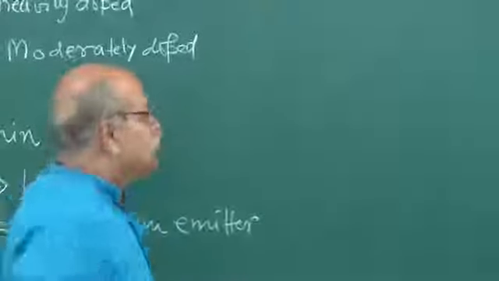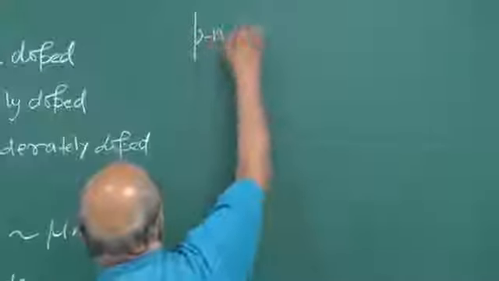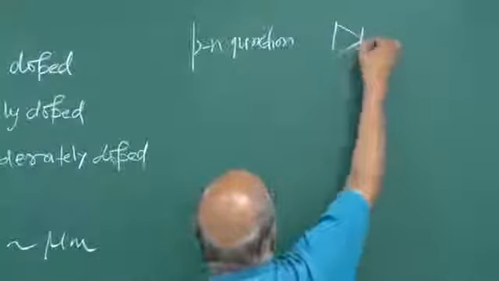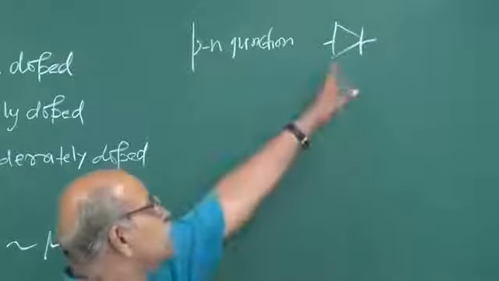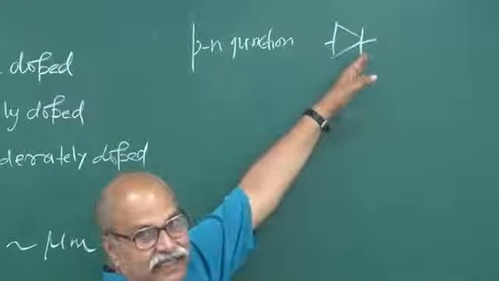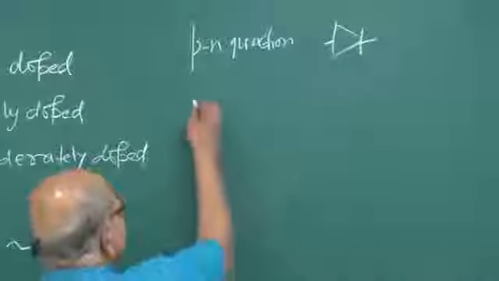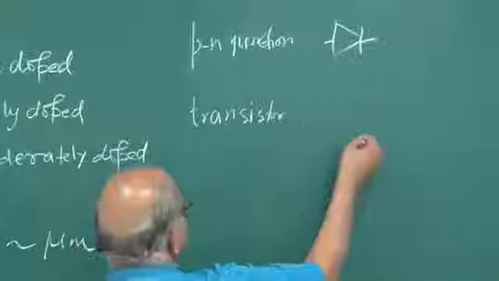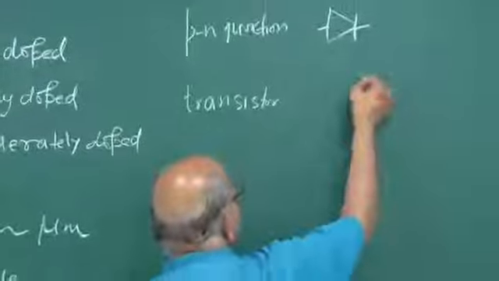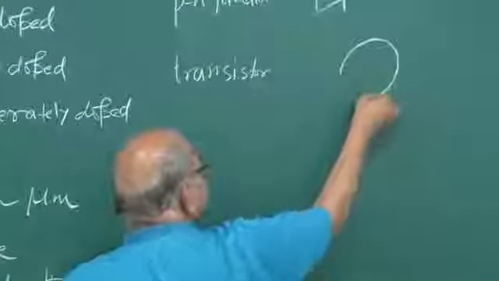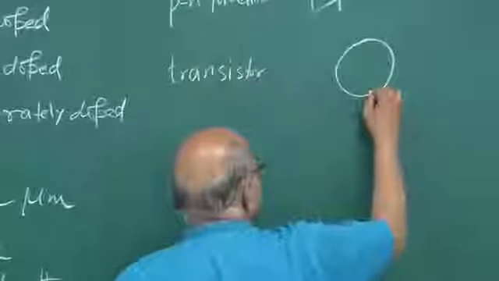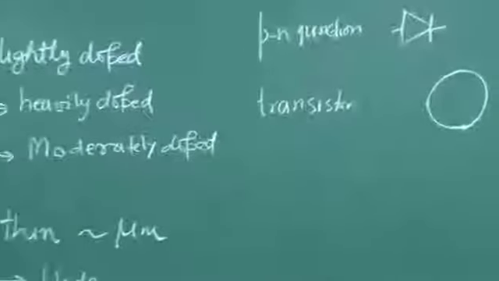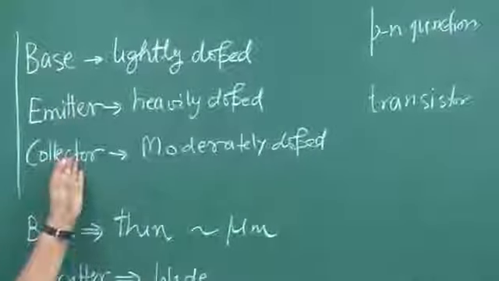For the PN junction we had a symbol, and the symbol itself tells that this side is P and this side is N. Similarly, for the transistor, people generally draw a circle. Sometimes you may not draw it, but it is good to draw a circle. Then 3 lines for the 3 parts: base, emitter and collector.